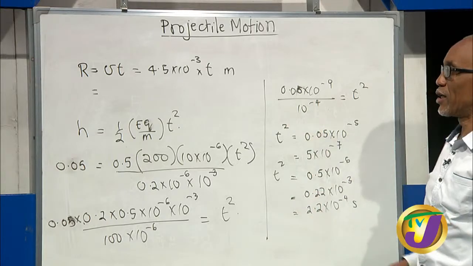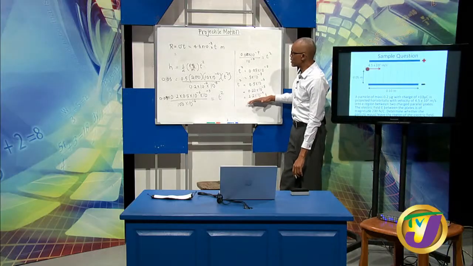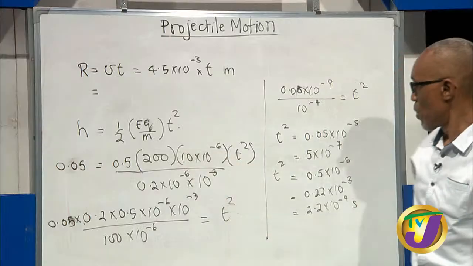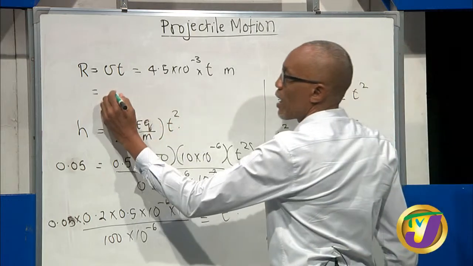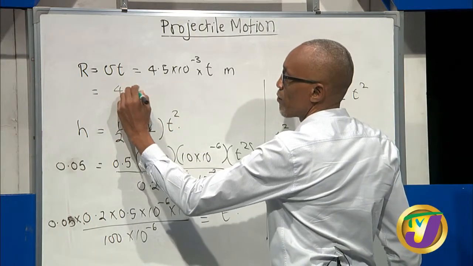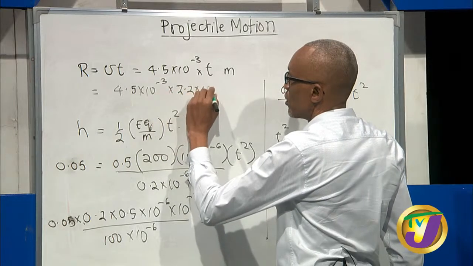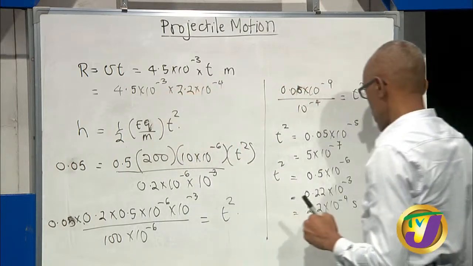You can check my calculations, right? And then you can take this now and substitute it in this equation, and so you will have r equal to 4.5 by 10 to the negative 3 by 2.2 by 10 to the negative 4.